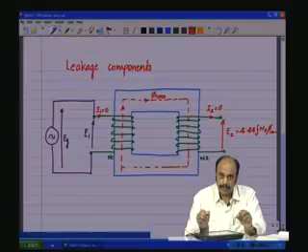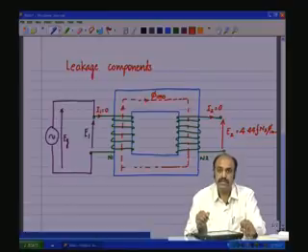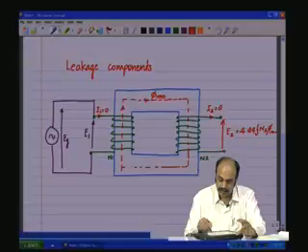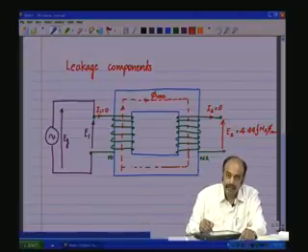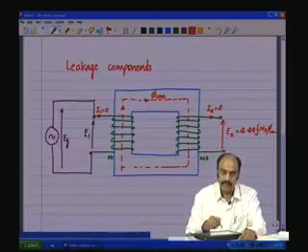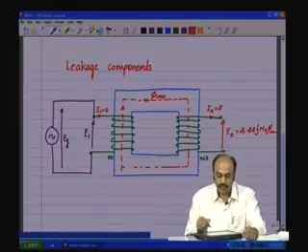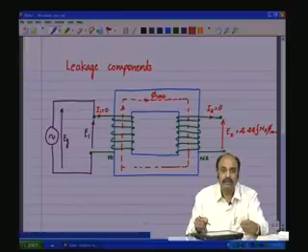Now, on the application of the secondary load, a whole lot of things change. The moment we apply the secondary load, there is going to be a secondary current I2, there is going to be a primary current I1 which is not 0, and these will induce a complex set of fluxes which interact with each other, and let us see what happens.